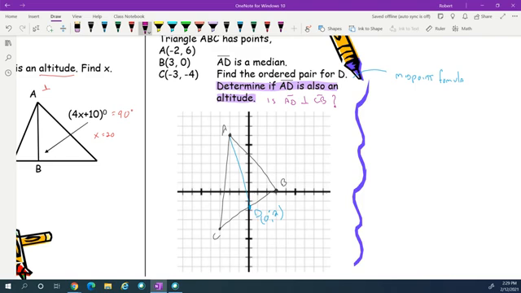How can we determine if these segments are perpendicular? We're going to test their slope. So we want the slope of AD and the slope of BC or CB. Same thing, doesn't matter. Same segment.